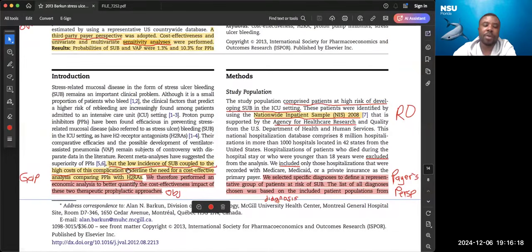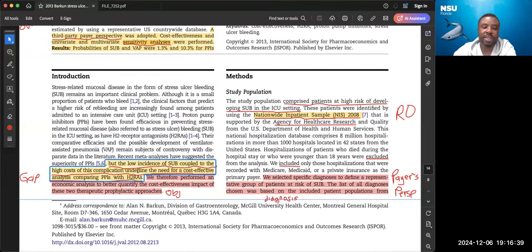So the gap, or the reason for this whole research, is the highlighted point, the yellow part, where they explain why they are doing this research. They said that there's a low incidence of stress ulcer bleeding coupled with the high cost of this complication.